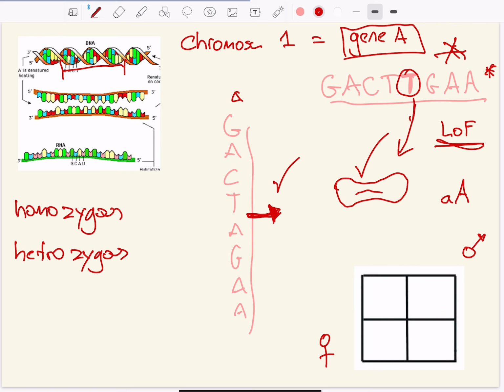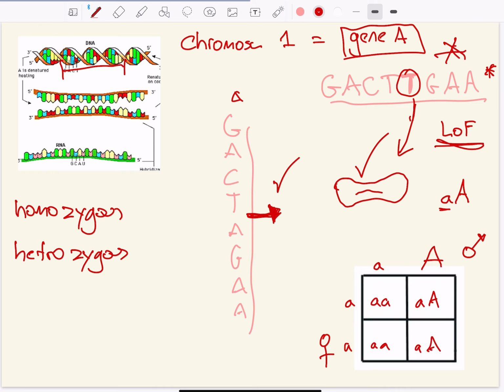So Dad has a small a and a big A, whereas Mum has a small a and a small a. Okay, so what could happen here is that of the offspring, you could have small a, small a, small a, big A, small a, and small a, big A.